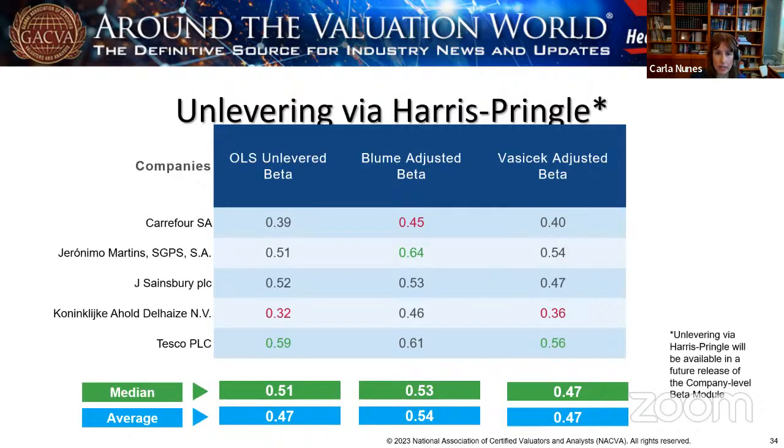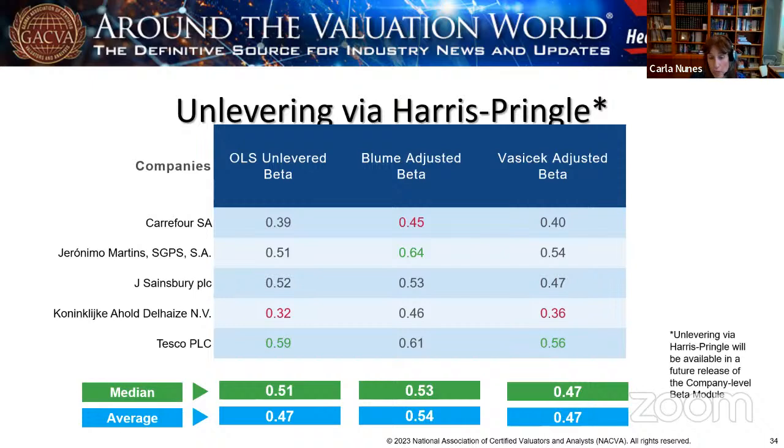And so here, unlevering using Harris-Pringle, the average and the median betas are a lot higher. That's because we have about 50% debt in the capital structure. So it's a lot of debt, and it does have an influence on the results if you have a lot of indebtedness in your capital structure.